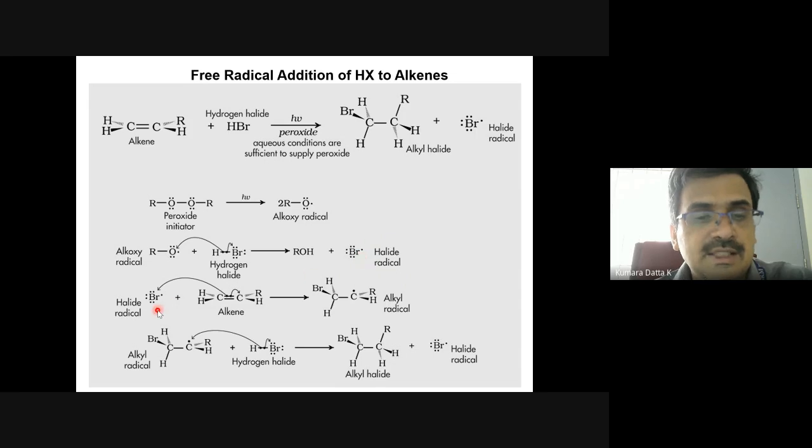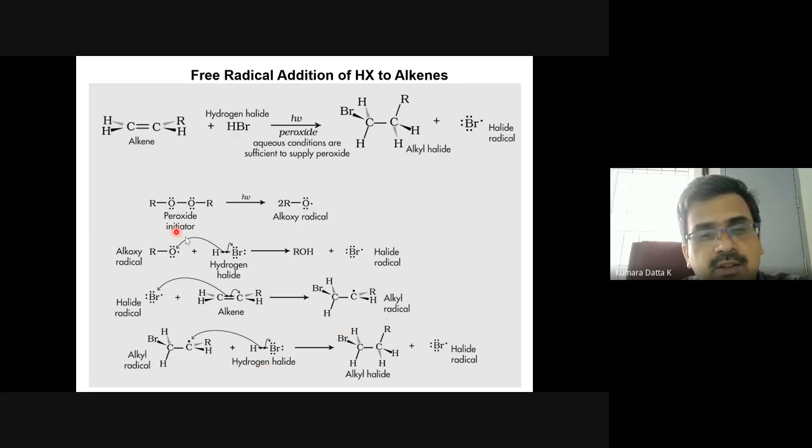So it wants to add, and it makes an alkyl radical. Here you form a bond, bromomethyl, and then you form an alkyl radical. This alkyl radical will again react with the hydrogen halide you have taken earlier, to literally add bromo and hydrogen to form an alkyl halide.